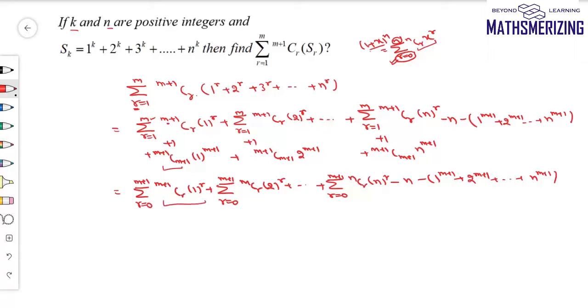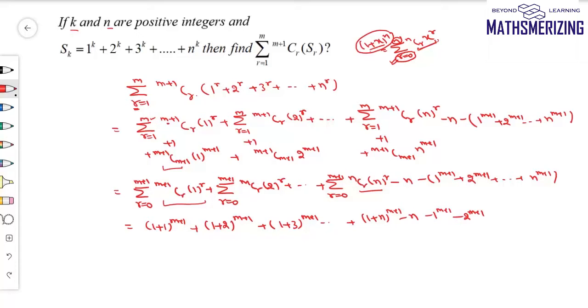Now this is nothing but nCr x to the power r, which is the binomial expansion of (1 plus x) to the power n. So in this case, it'll be simply (1 plus 1) to the power of m plus 1, (1 plus 2) to the power of m plus 1, (1 plus 3) to the power of m plus 1, and it'll go all the way up to (1 plus n) to the power of m plus 1, and then minus n, minus 1 to the power of m plus 1, minus 2 to the power of m plus 1, and then minus n to the power of m plus 1.